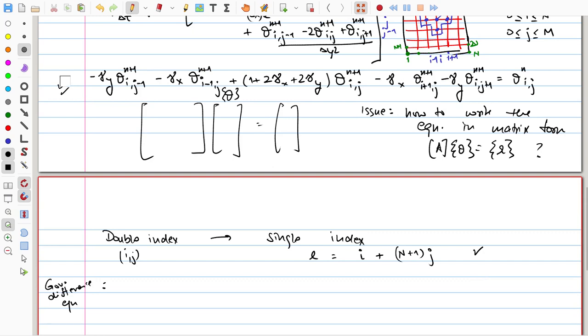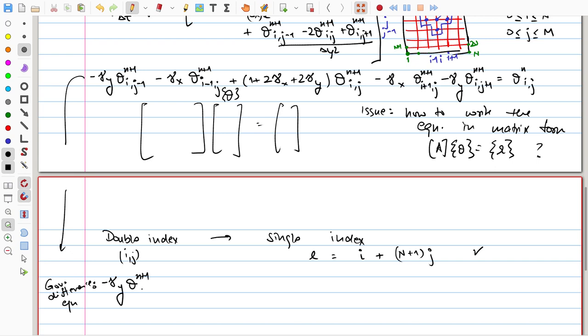So now what I am doing is writing this governing difference equation in single index. So let's do one thing.